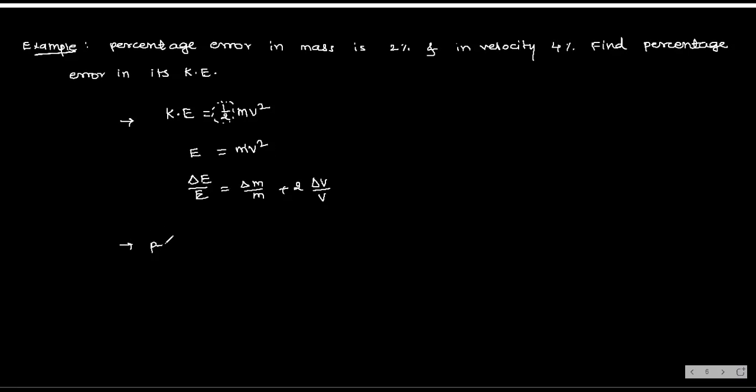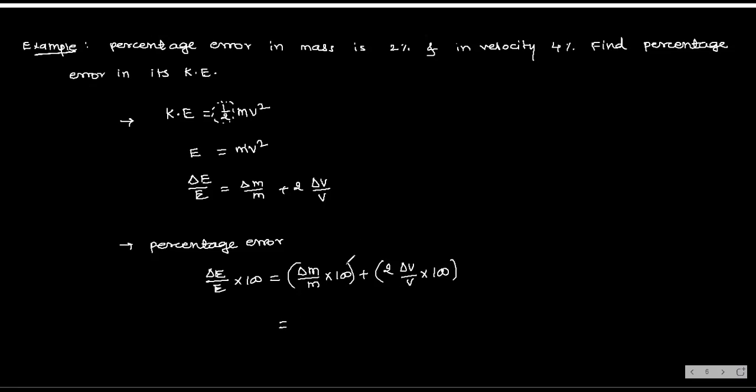Now I want percentage error. So here it is percentage error, delta E by E into 100 is equal to delta m by m into 100 plus 2 into delta v by v into 100. Okay.